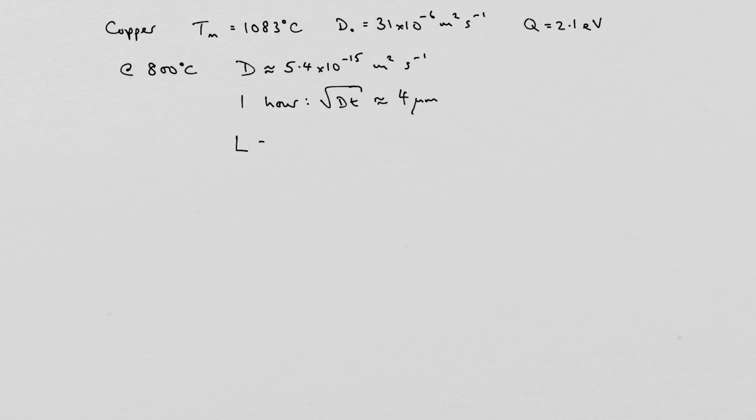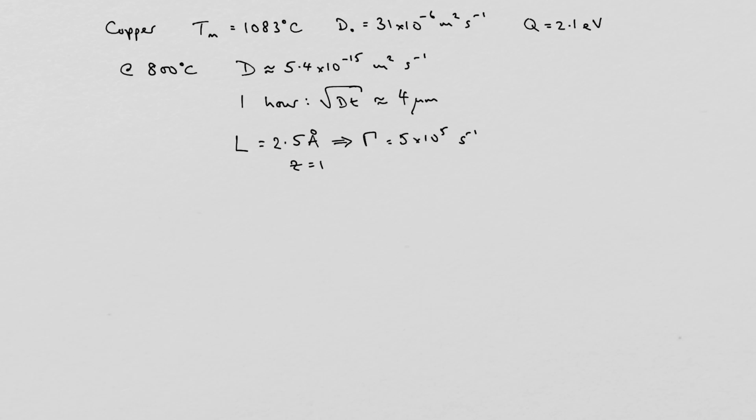Now, I also know that in copper, the jump distance is 2.5 angstroms. Someone asked before, didn't we, how do you get the jump frequency? And I said, you know the diffusivity, you know the jump distance, and therefore you can work it out. So the jump rate is 5 times 10 to the 5 per second.